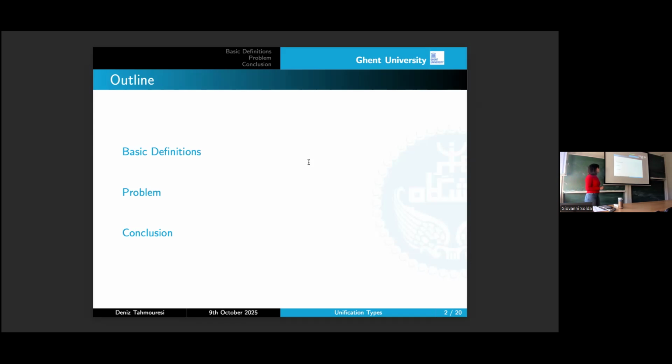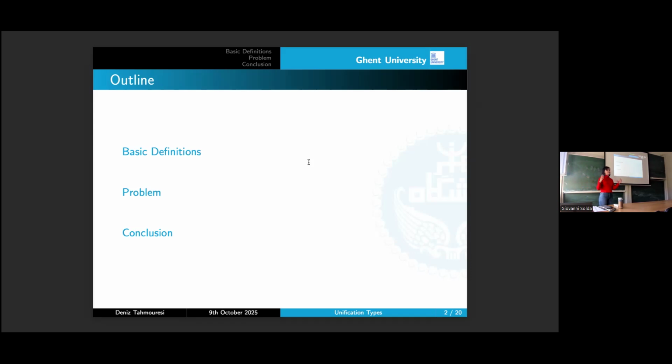The basic definitions are going to be about unification itself and what a unifier means. Unification from a general point of view is like solving logical problems.